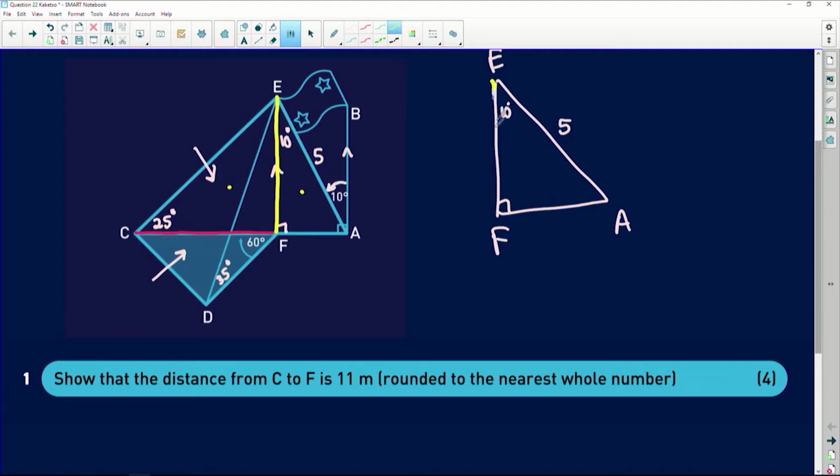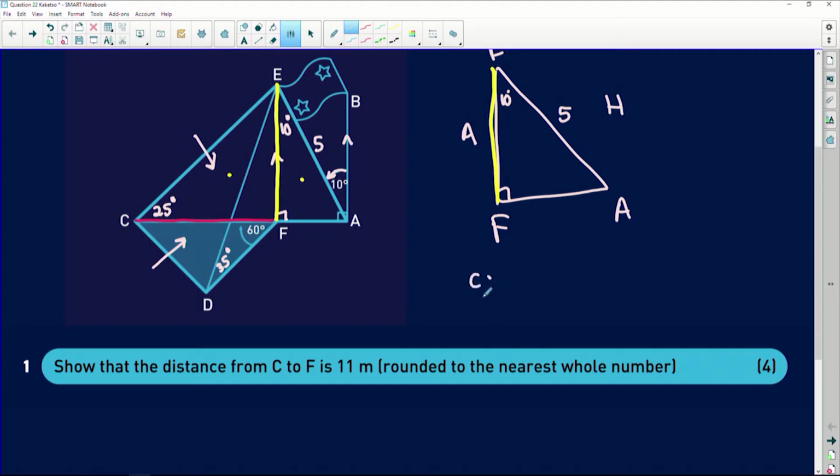So I'm going to try and find that side there. So this is the side adjacent to that 10 degrees. We have the hypotenuse, so we're going to use the cos ratio. Cos of 10 degrees is equal to the adjacent side that we're trying to find over the hypotenuse. Therefore, EF is equal to 5 times cos of 10 degrees.